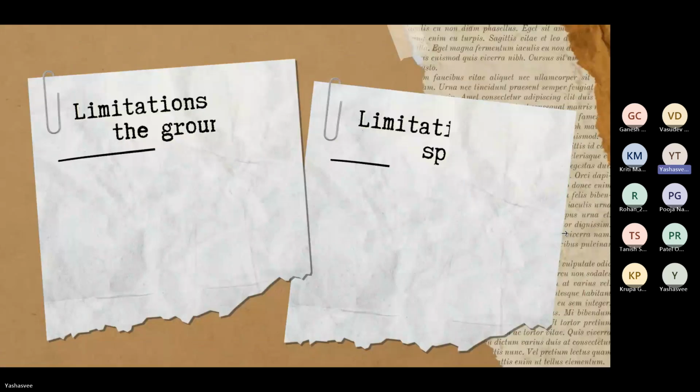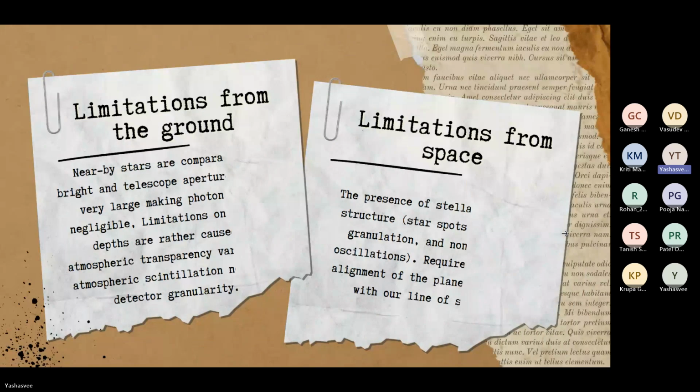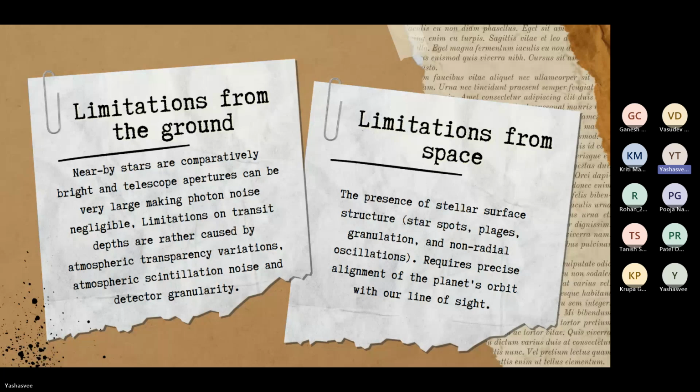Like any other detection technique, transits also come with their own set of limitations. These limitations can be divided into two groups. One is limitations from the ground, the other is limitations from space. Now for observing transits from the ground, we make use of a telescope.